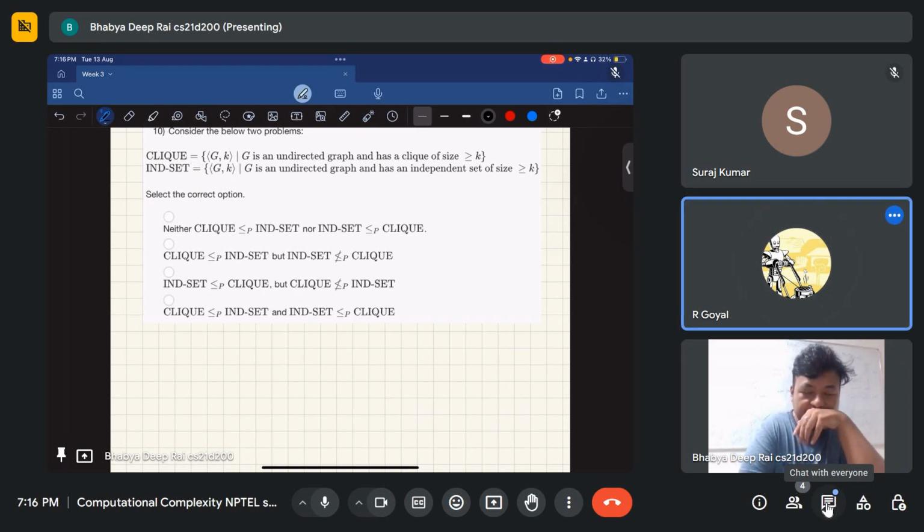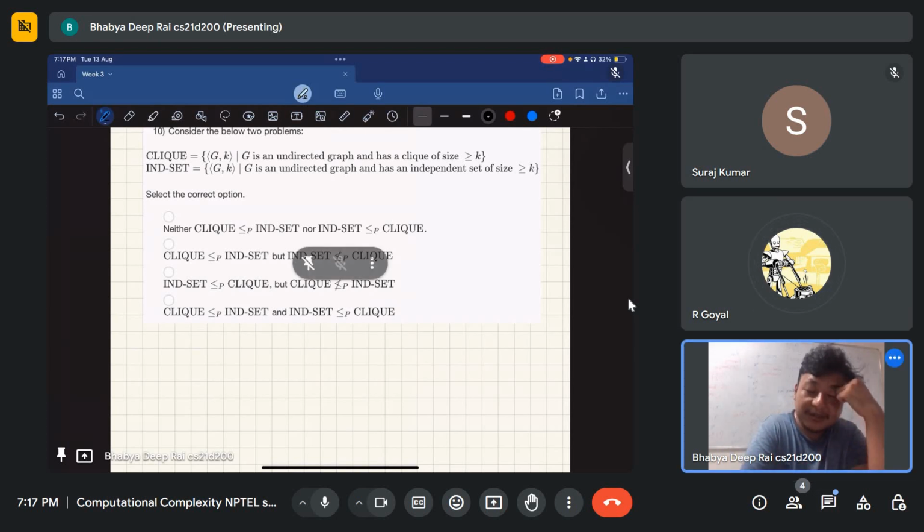In clique, we look for the maximum set of vertices wherein every vertex is connected to every other vertex, and getting the clique of a graph is seen as getting the independent set of the complement of the graph.